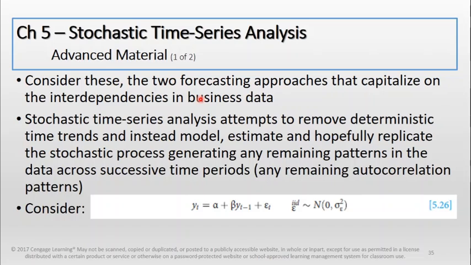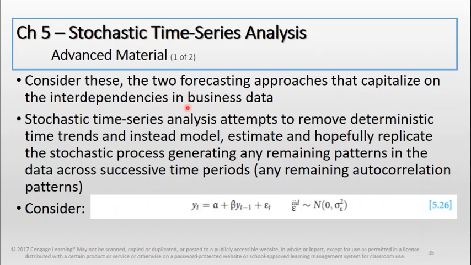Next, let's move on to our second to the last forecasting technique, which is stochastic time series analysis. This forecasting approach capitalizes on the interdependencies in business data. Deterministic trend analysis, as discussed earlier, was concerned with extrapolating deterministic trends from the past, like seasonal effects and population growth time trends.